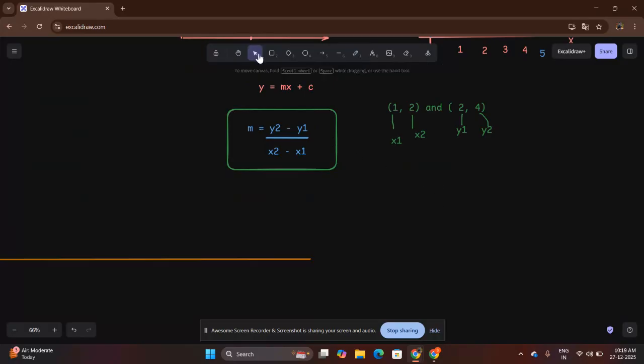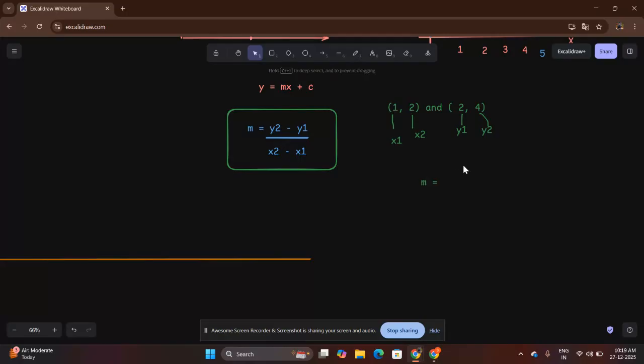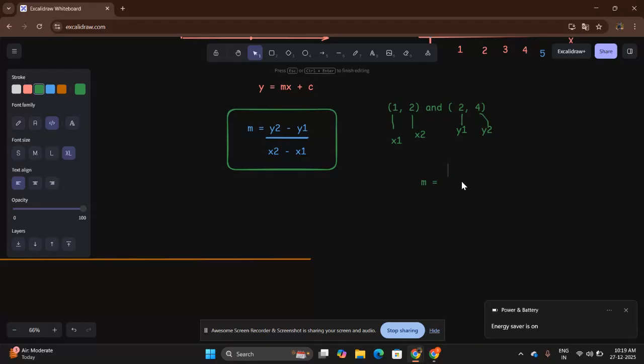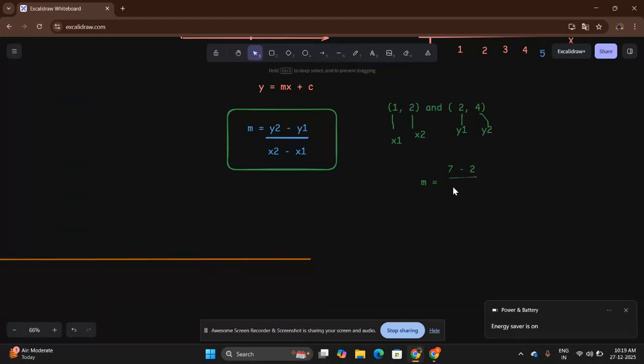So how is the slope calculated? What's the formula? m equal to y2 minus y1. That means 4 minus 2. And x2 minus x1, that is 2 minus 1.